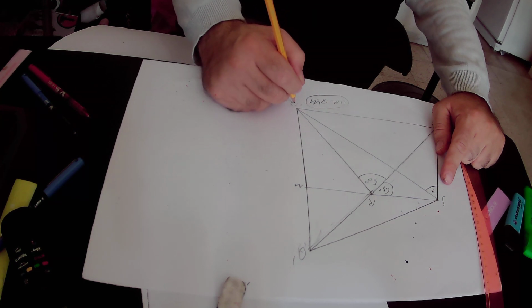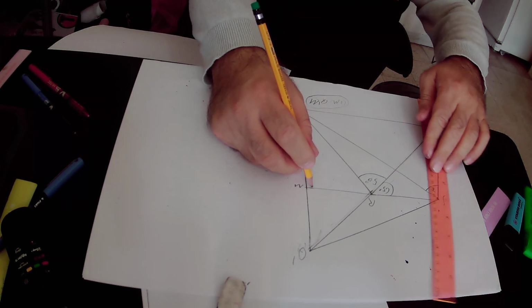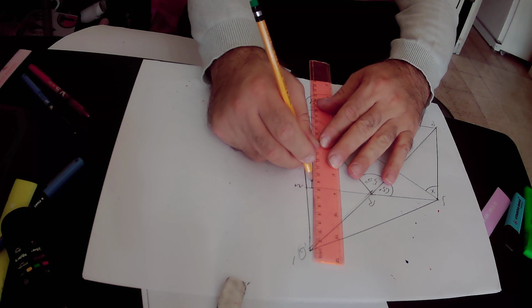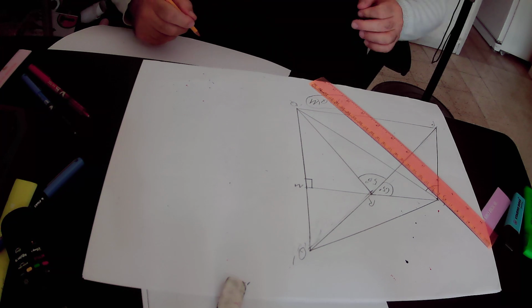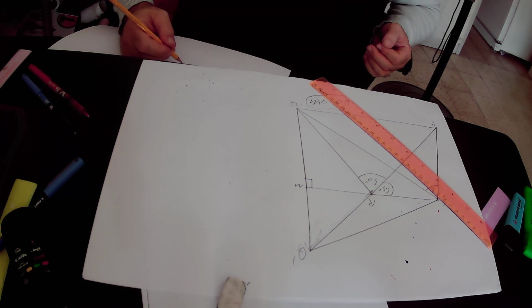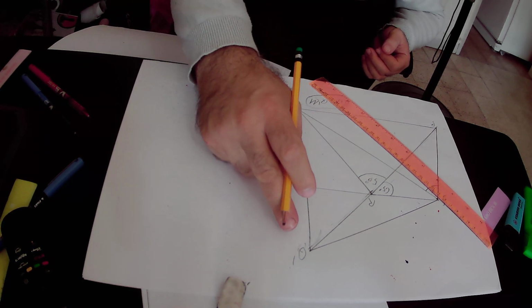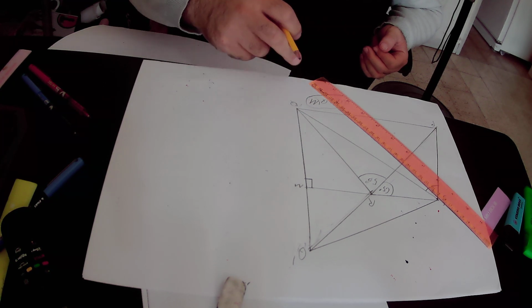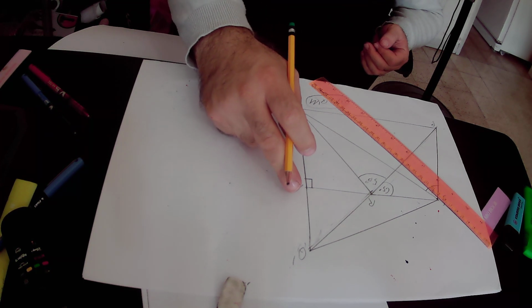Actually, we drew a perpendicular from point Q to point M, so this angle equals 90 degrees because it is a perpendicular at point M. And we know that Q dash is a straight line because we extended the perpendicular QM by a straight line.